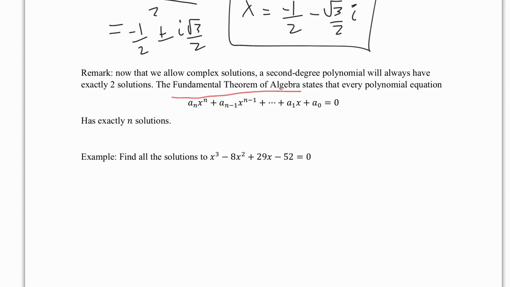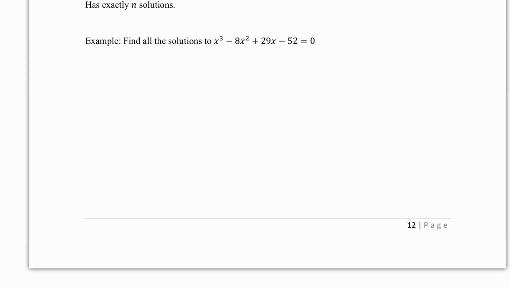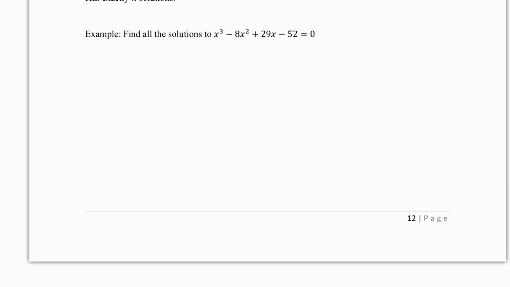So for example, here we have a degree 3, and let's see if we can find all 3 solutions. Well, to start, we probably should see if we can do some synthetic division. It looks like we could try the factors of 52. So x equals factors of 52: plus minus 1, plus minus 2, I think, yeah, 2 goes in.